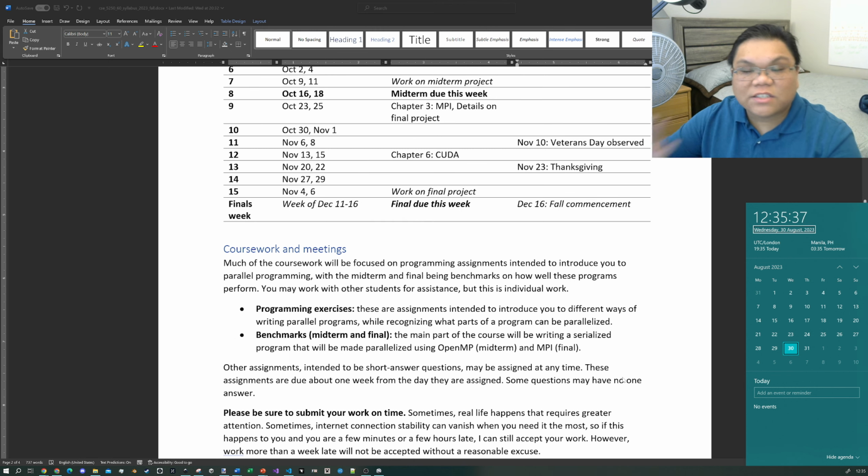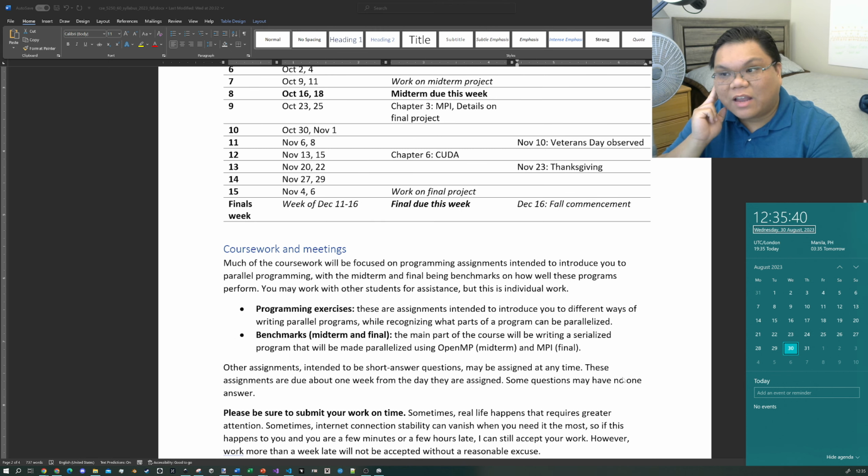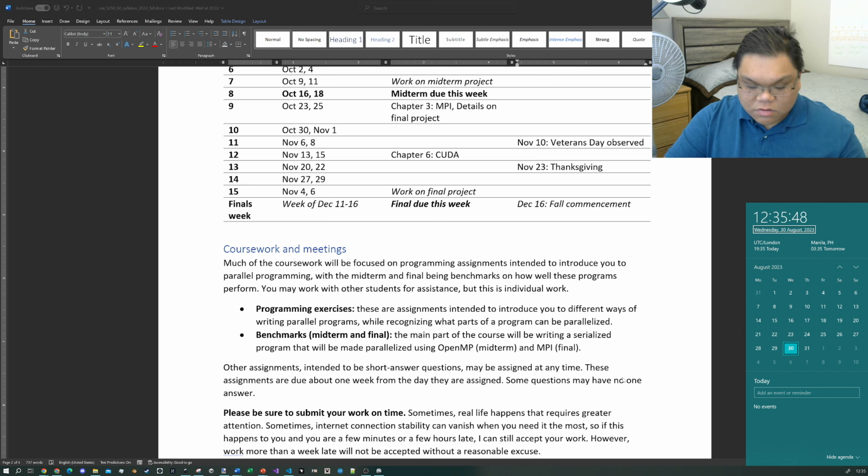you're not just submitting the program, you're also submitting benchmarks. I'll get more in depth about the benchmarks, but basically, we have this hope regarding parallel programming, and that if we were to rewrite a specific program from serial to parallel, that it would grant us some sort of speed boost.